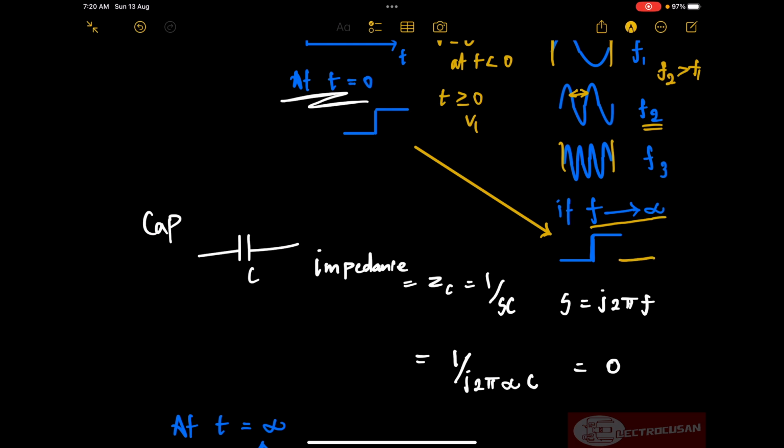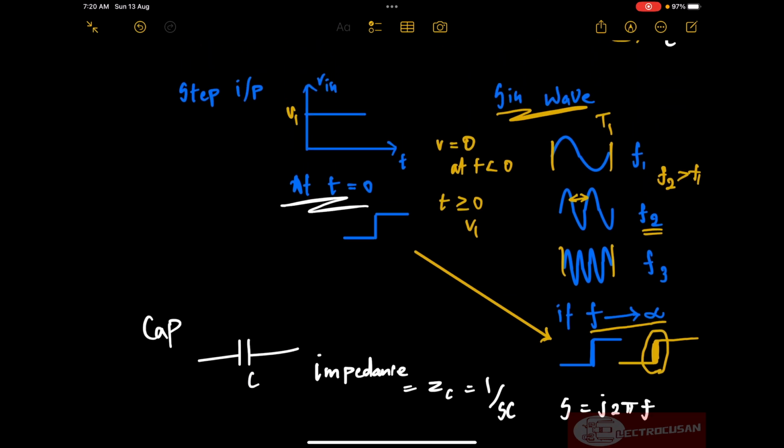As you can see, at time instances less than 0, this will be 0, and suddenly when t is equal to 0, when you increase the frequency to infinity, this thing is just this, and suddenly you stop it at 0 and it goes constant, right? So at t equal to 0, this is something special.